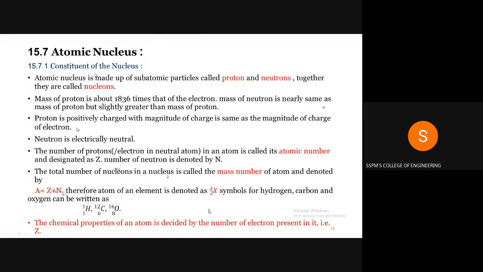Therefore, an atom of an element is denoted by A, that is mass number, Z, that is atomic number, and the element symbol. Let us suppose, 2He4, helium.